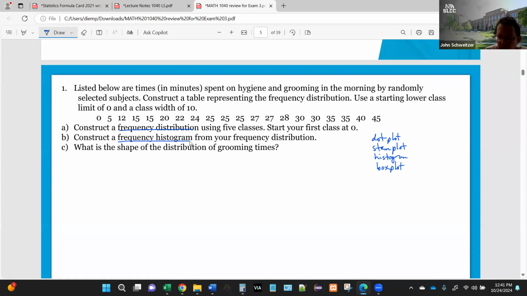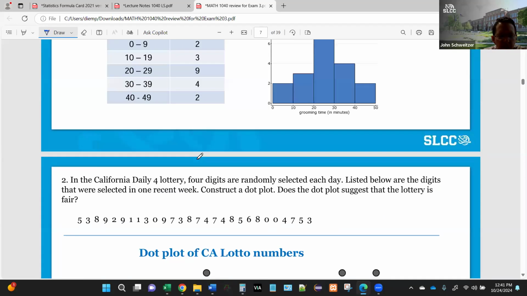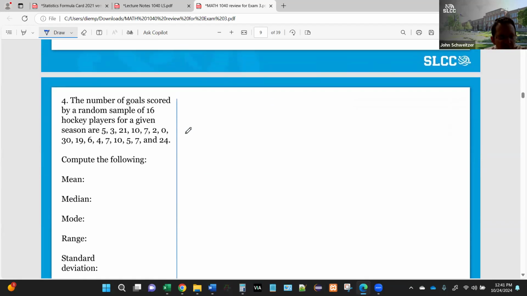We talked about the normal probability plot, sometimes called a quantile plot. There's various names for it. So those are the plots you should be aware of. I don't want to spend a ton of time on plots because I think it's a little bit easier than some of the other stuff.